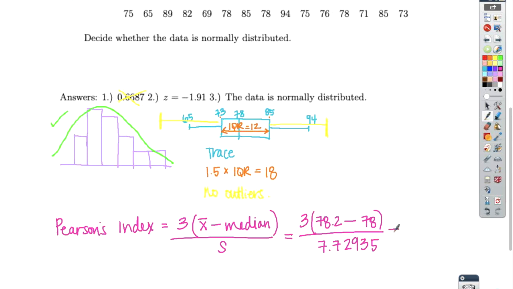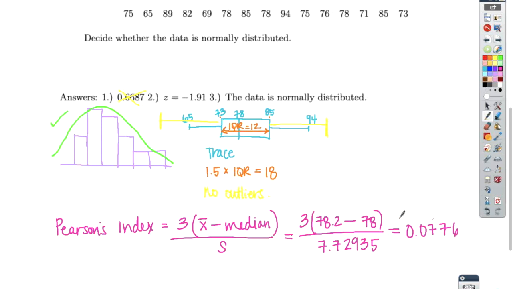And when I throw all of this into my calculator, let me do it. Okay, so I'm finding a Pearson's index of about 0.0776.